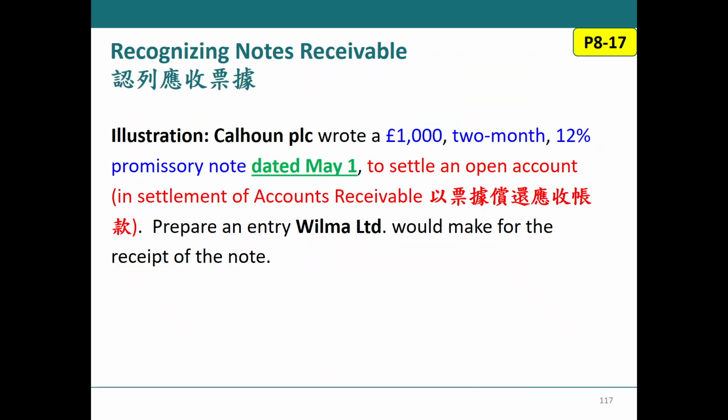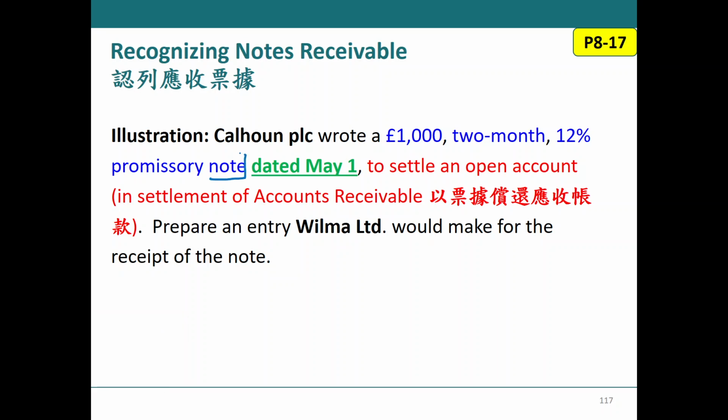So first case on slide 117. What happened? Your company, not your company, another company wrote a note. So here is promise note.